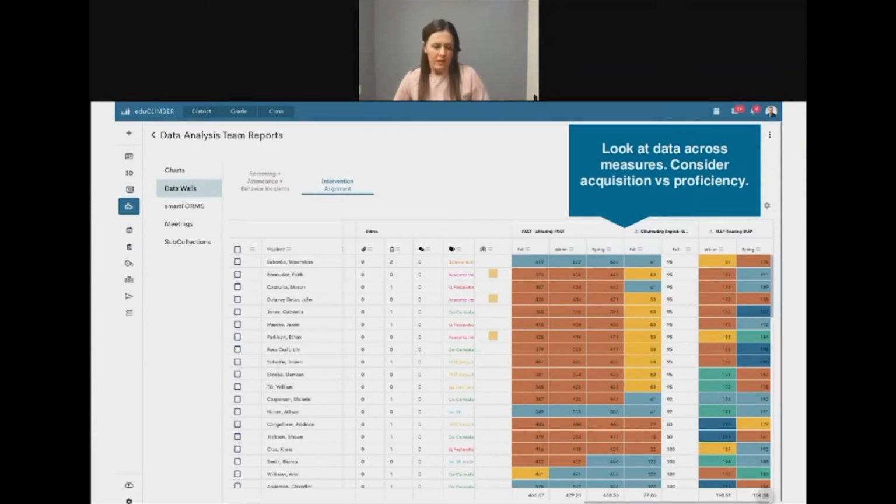So, what I mean by that is, if you're looking at this screen here, I'm using the example of FAST. We've given a universal screener of reading. From there, we've identified that some students scored low. So we administered a CBM reading assessment, which identifies the rate at which the student reads.